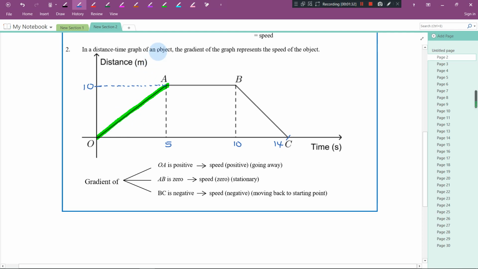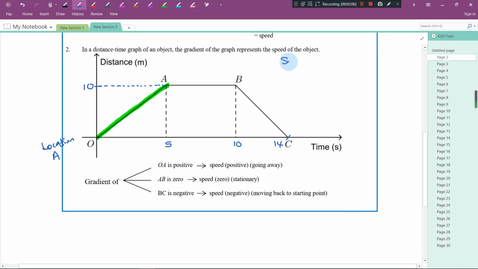So let's say the object starts moving from location A. From this graph, we know that the object is moving further and further from location A. Within the first 5 seconds, the object already traveled 10 meters.